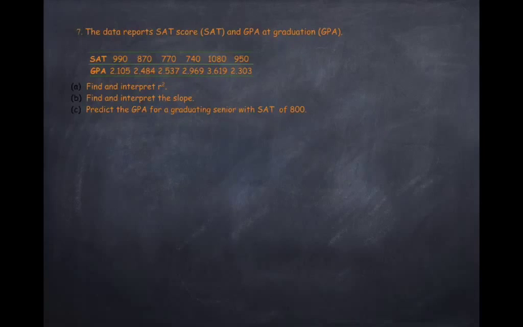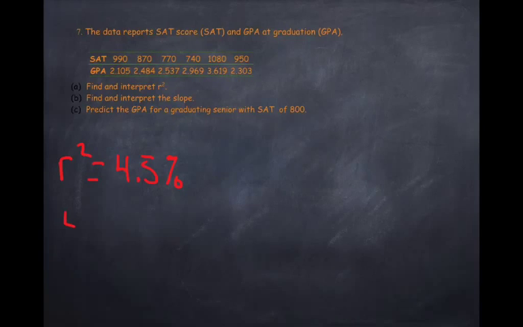And so for the first part we have A, we want to find and interpret R squared. And so when we look at R squared, we said it came out to be 4.5%. Remember, R squared is always going to be in the form of a percent.